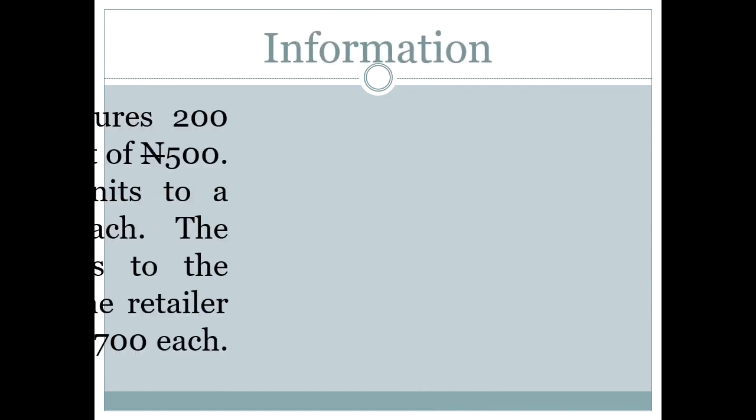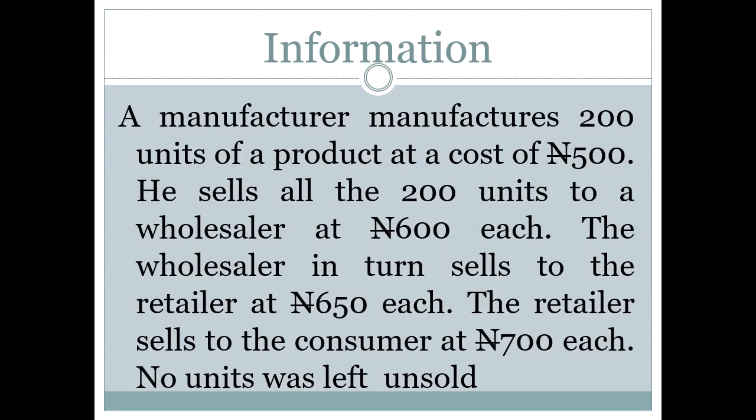Here is information to guide us on how to calculate the gross profit and the net profit respectively. A manufacturer manufactures 200 units of a product at a cost of 500 naira. He sells all the 200 units to a wholesaler at 600 naira each.